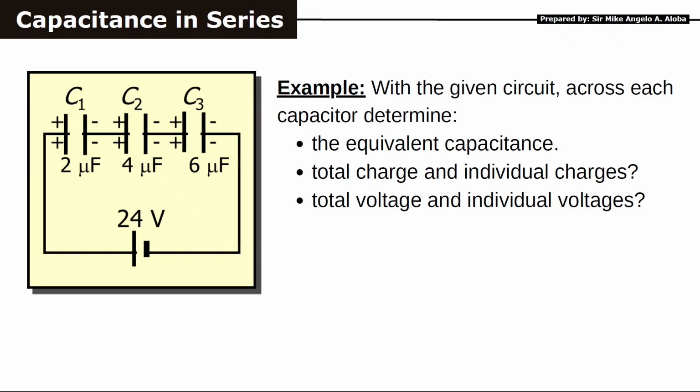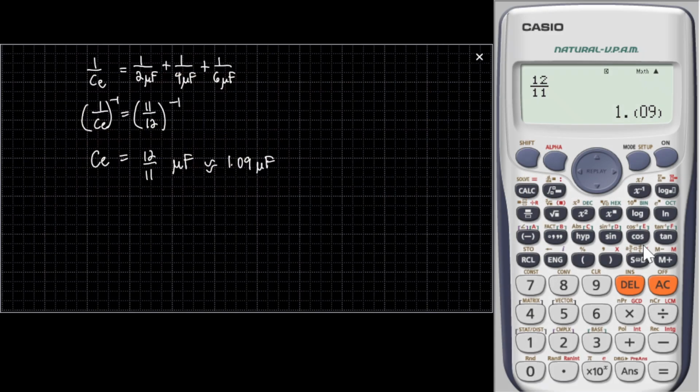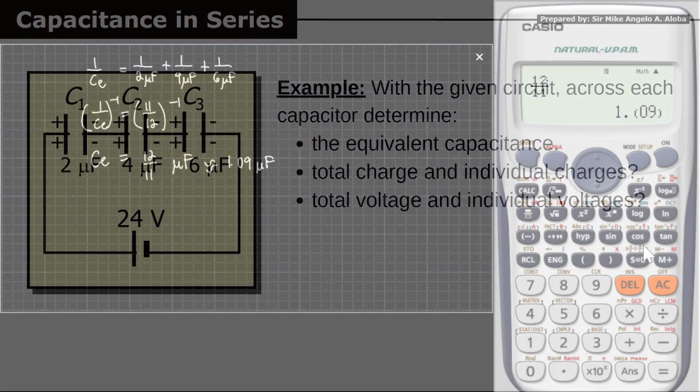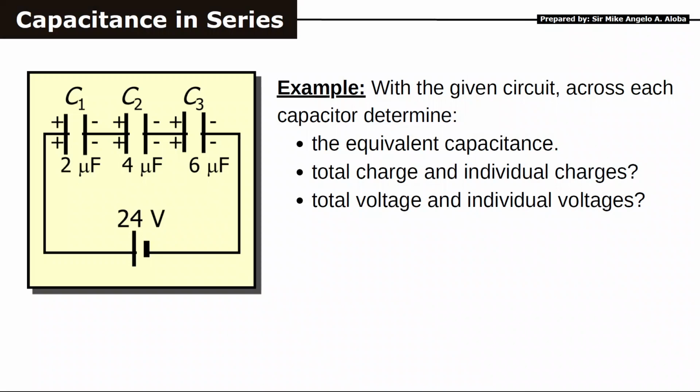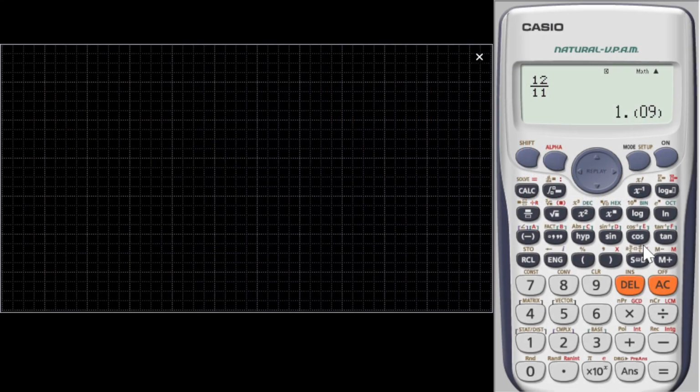So that is your equivalent capacitance for the circuit. It's 1.09 microfarad. Alright, so let's talk about the total charge. So going back to the screen, remember the total charge is just equal to Q1, Q2, Q3 for a series connection, right?